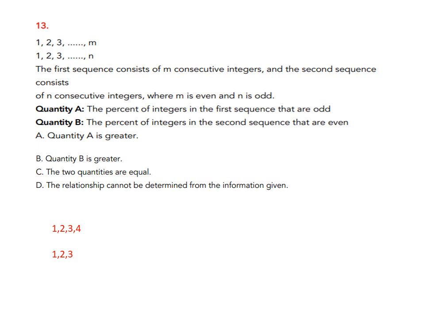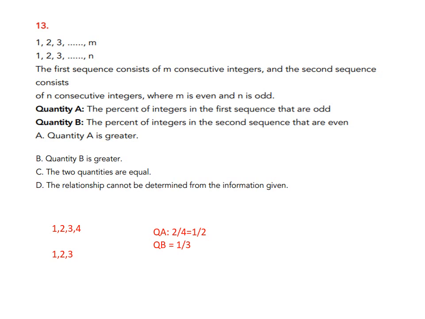So quantity A is the percent of integers in the first sequence that are odd. So 1 and 3 are odd. So 2 out of 4 are odd, that is half. And in quantity B, the percent of integers in the second sequence that are even. So 2 is even. So 1 out of 3 are even.